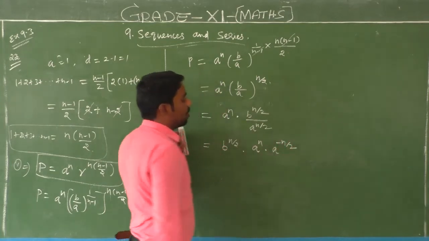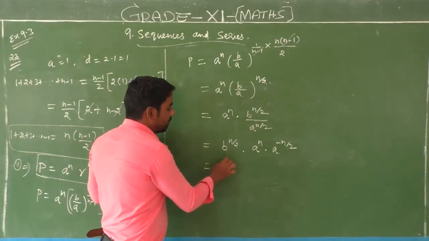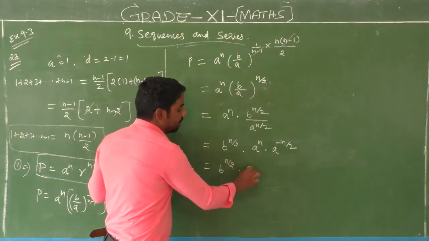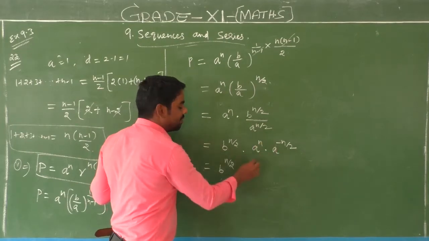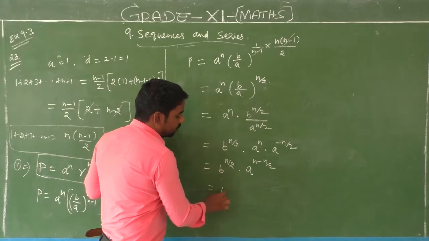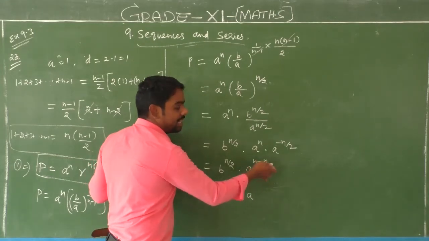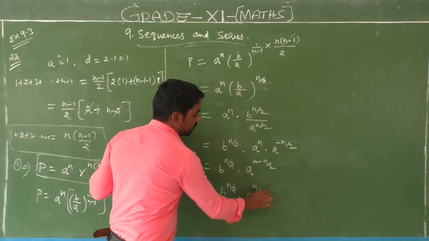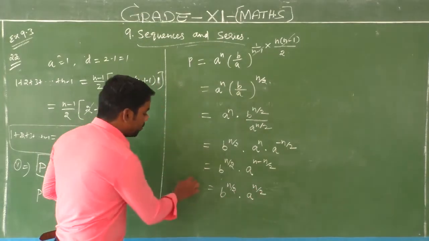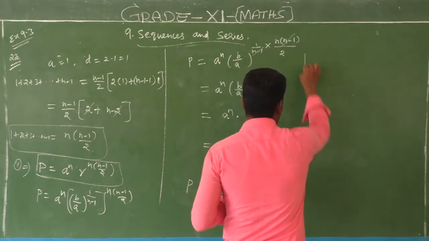So it is B power n by 2 into A power n minus n by 2, which is A power n by 2. Here P is equal to A power n by 2 into B power n by 2.